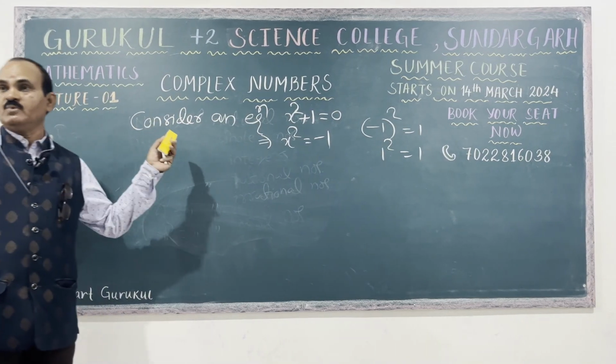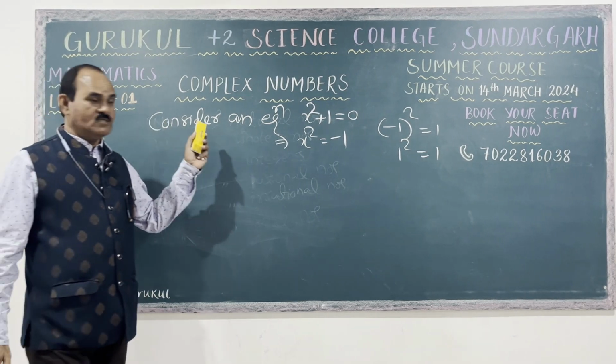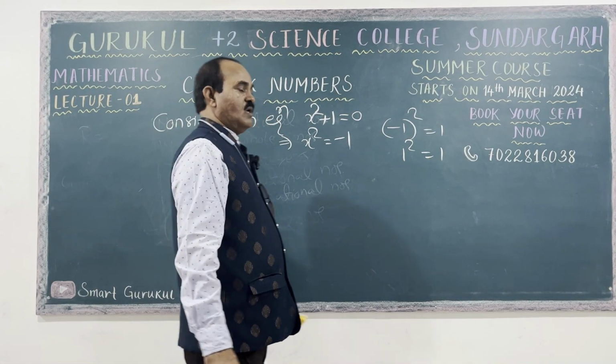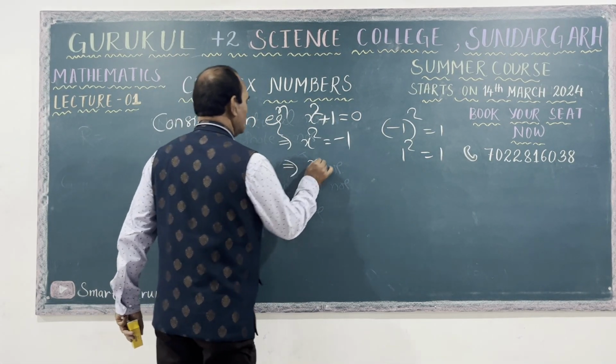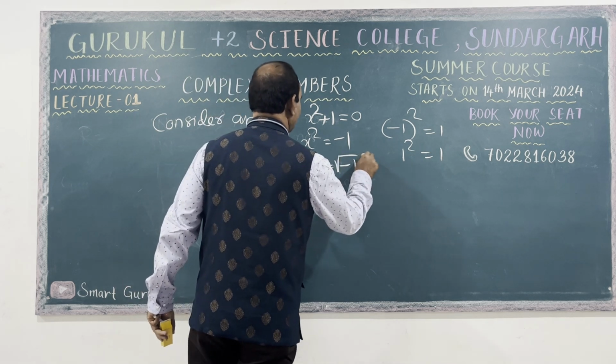So there exists a number whose square is -1, and here x equals root over -1.